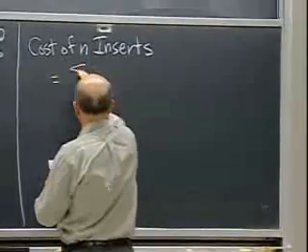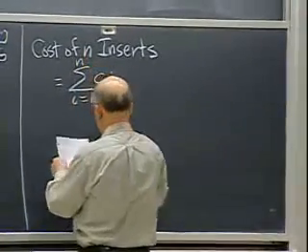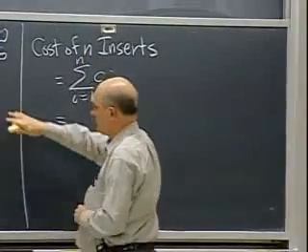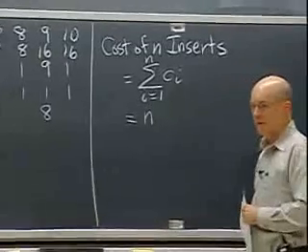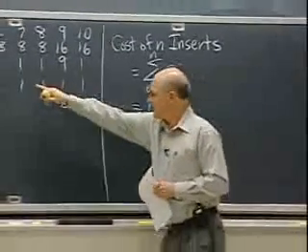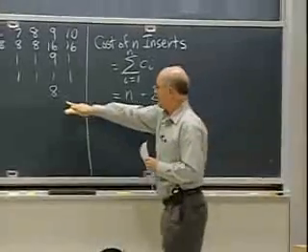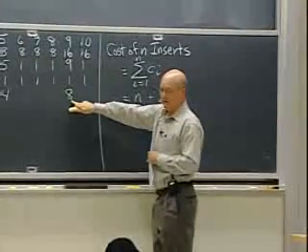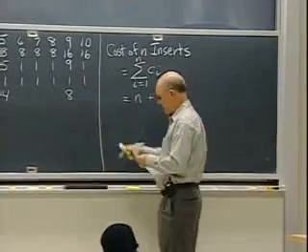That's just the sum from i equals 1 to n of c_i, which by this analysis is essentially n, because that's what this adds up to, plus I just have to add the powers of 2 up to but not exceeding whatever my n was.